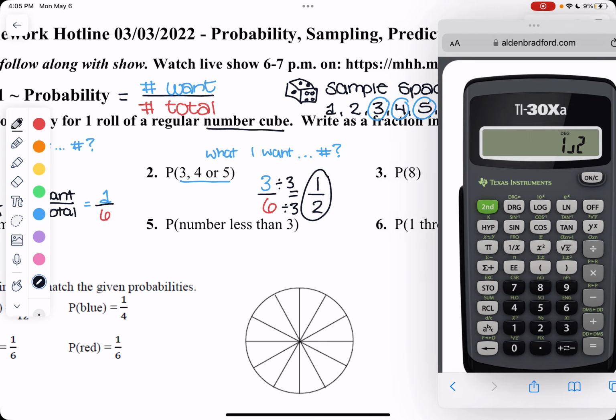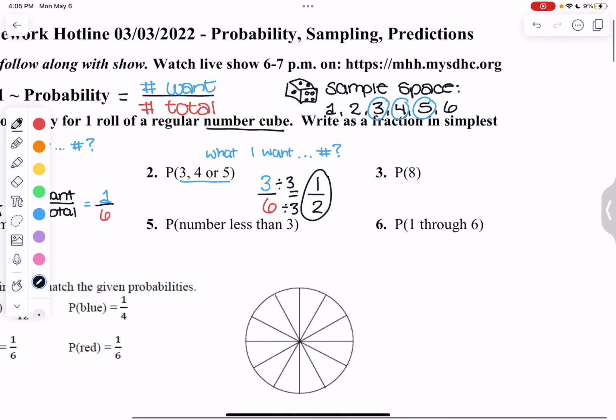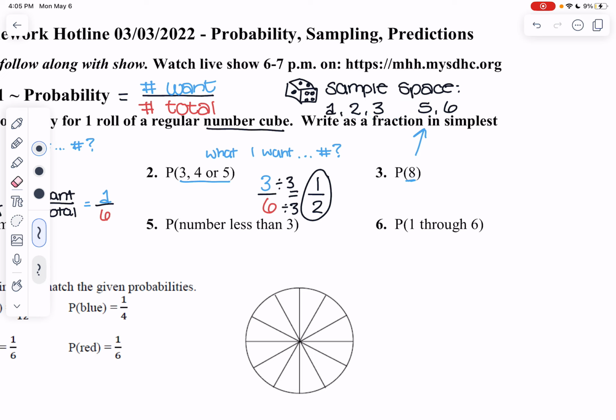All right, next one. Number 3 says, what is the probability of rolling an 8? If I want an 8, how many 8s are in my sample space? Well, I don't see any 8s in my sample space. That's because there are no 8s on a normal dice, all right? So what's the number of things that I want to happen on my dice?